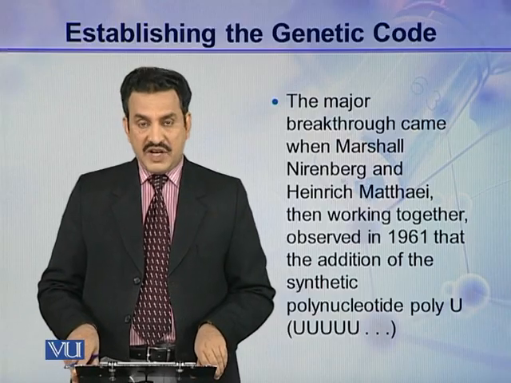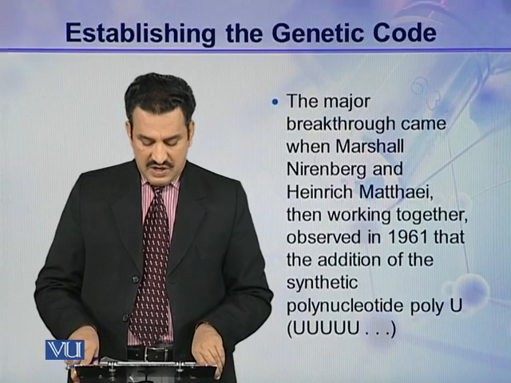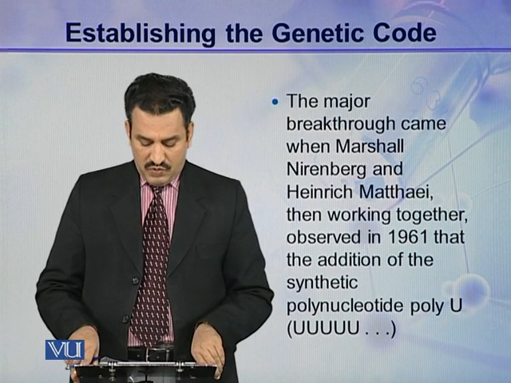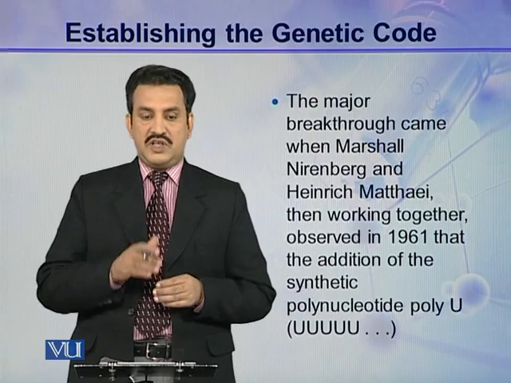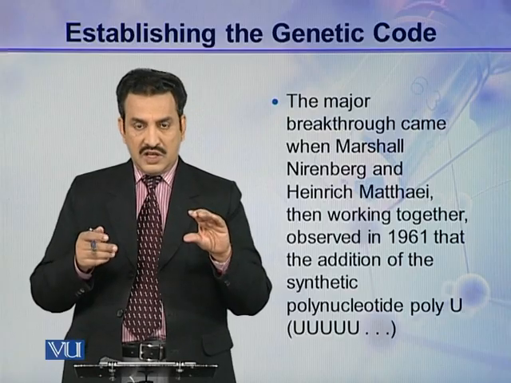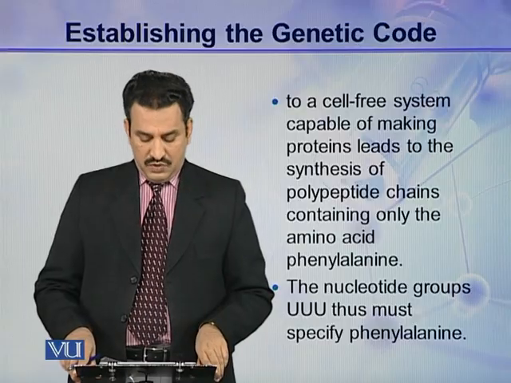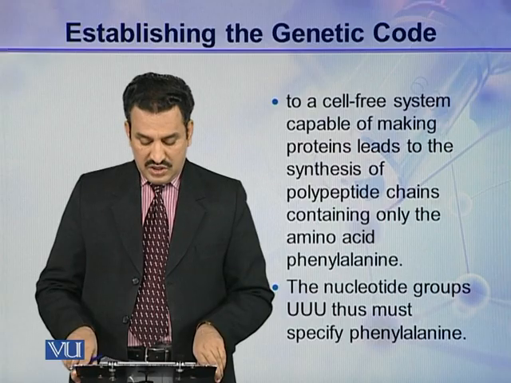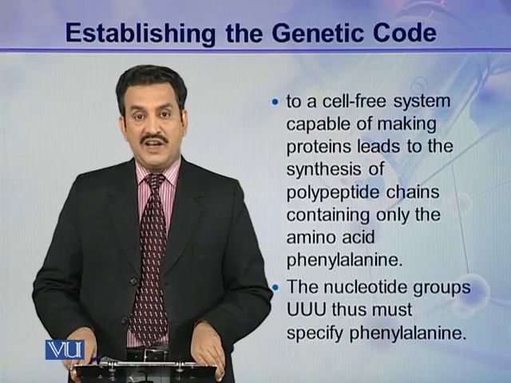The major breakthrough came when Marshall Nirenberg and Heinrich Matthaei, then working together, observed in 1961 that the addition of the synthetic polynucleotide poly-U, that is UUUU, if this synthetic mRNA is added to a cell-free system which is capable of making proteins, leads to the synthesis of polypeptide chains containing only the amino acid phenylalanine.